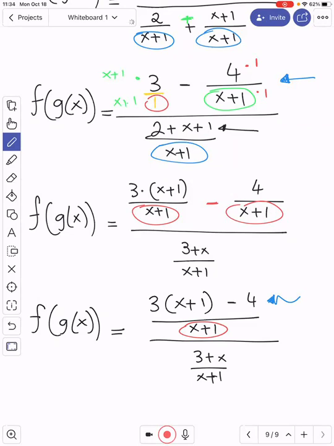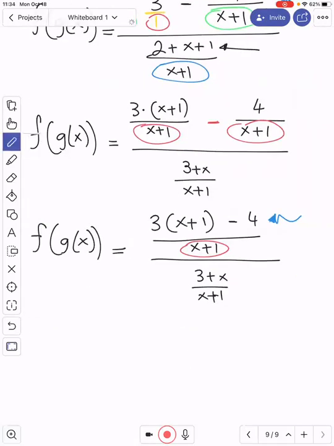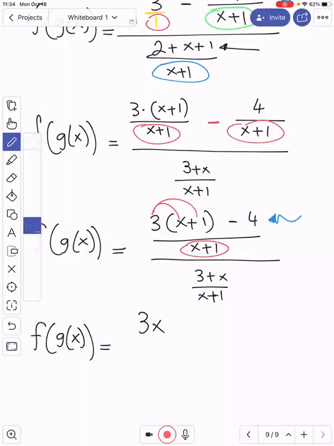We can simplify this numerator here, guys. Let me see if there's any question in the chat. Okay, there's not. So we can distribute. So 3 times x would be 3x, right? This right here, you can just distribute. And plus 3 times 1, that will be 3 minus 4. And then the whole thing divided by x plus 1.